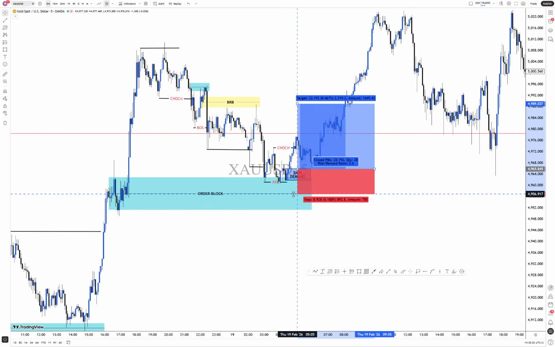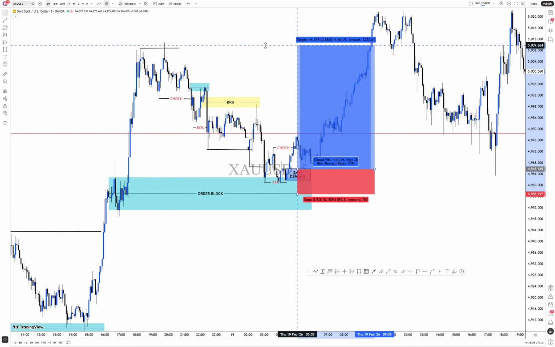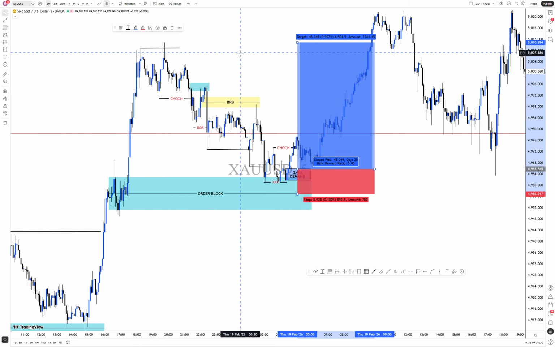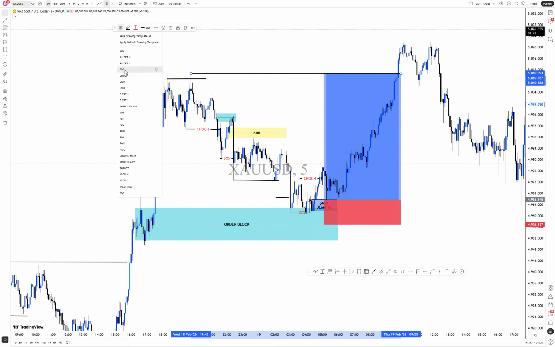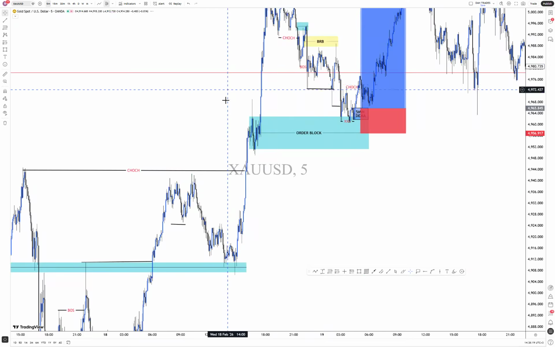Stop loss below around the 50% on this order block, and then you target this swing high over here, because we are bullish, to get a break of structure. And in the real sense, we had that break of structure.